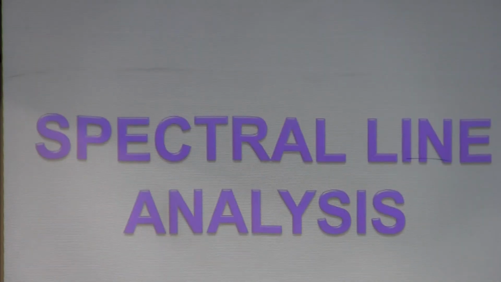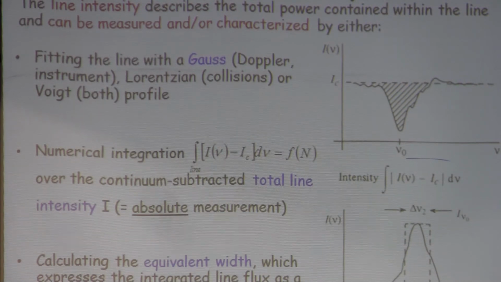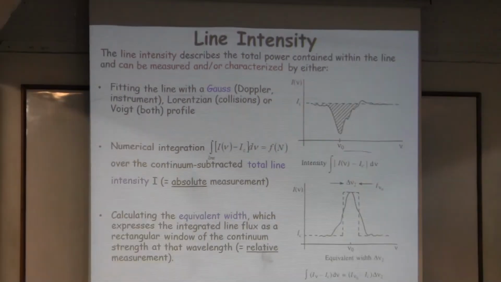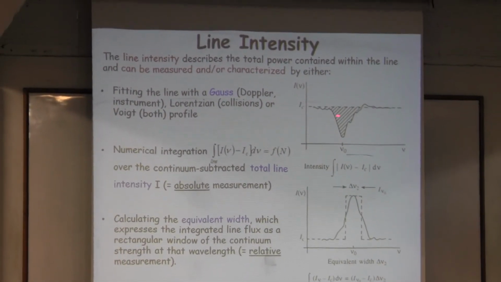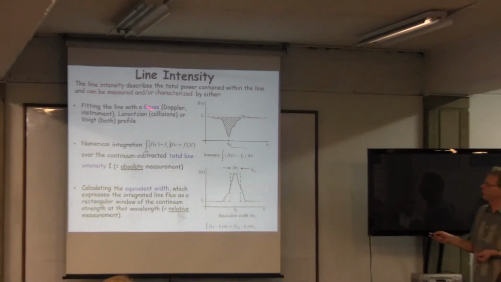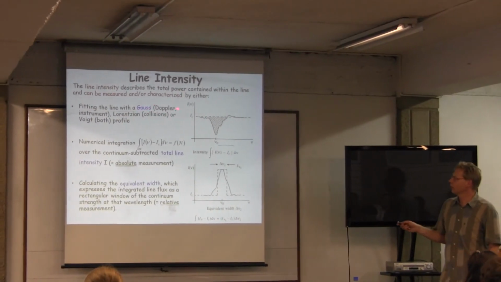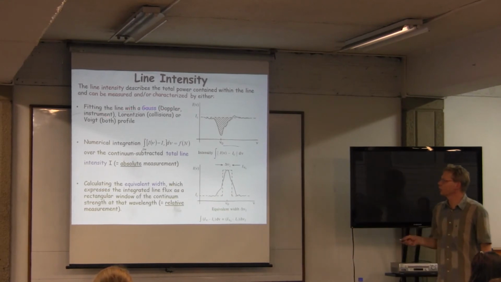And then finally, we should say that of course, all that would not be useful unless we could measure it. So if you get a spectrum to analyze, you have to somehow extract the intensity of the line from the data. We usually do this by fitting the line, either an absorption line or an emission line, typically a Gaussian, if it's determined by the Doppler shift or by the instrument.